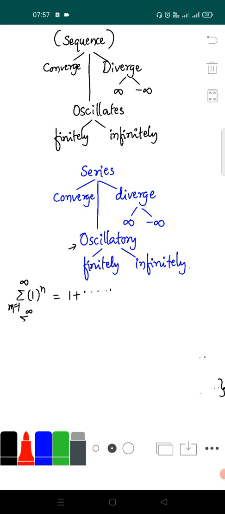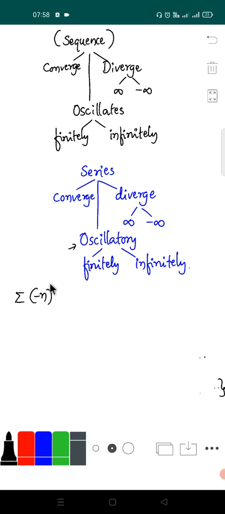Infinite oscillation of a series. For example, you take the series summation of minus n to the power of n, where n goes from 1 to infinity.